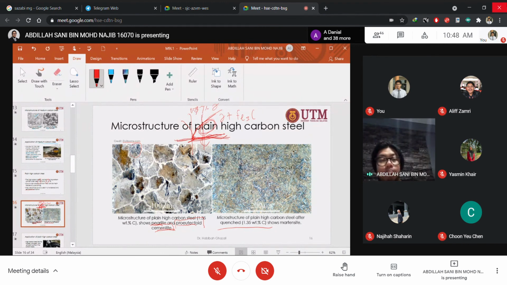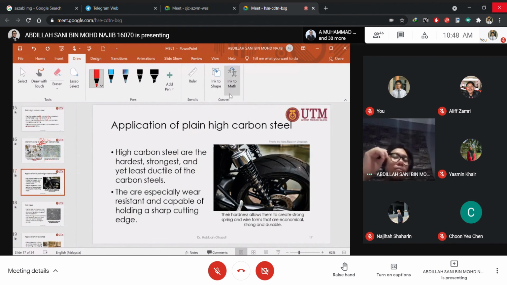The application of plain high carbon steel is that because it is strong but we lose a bit of ductility, we can use them as string wire form. They are especially wear resistant and capable of holding sharp edges. So this is for plain carbon steel.